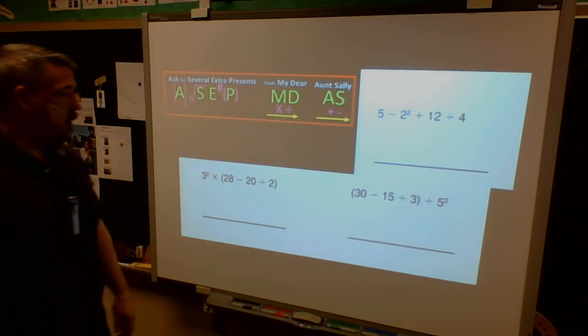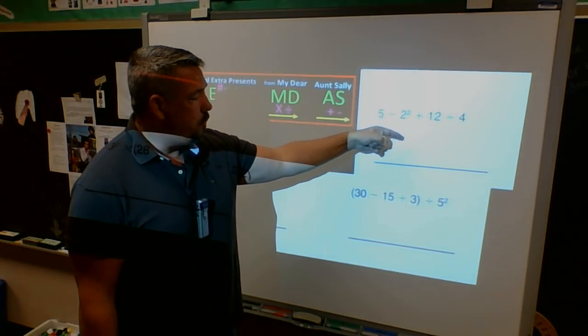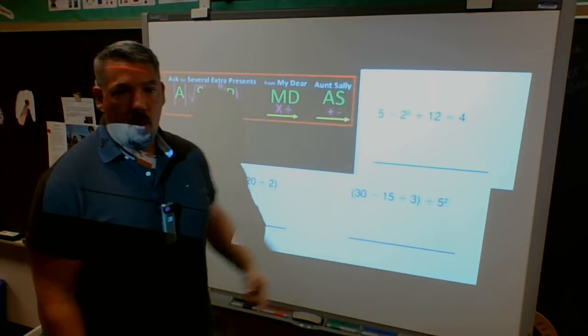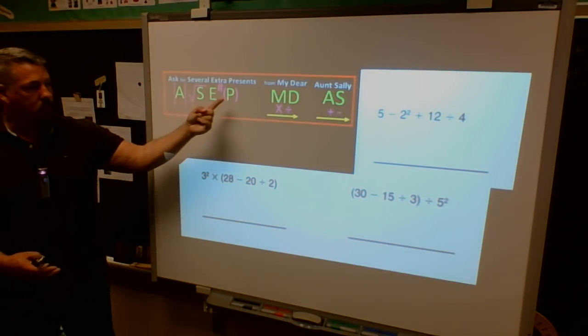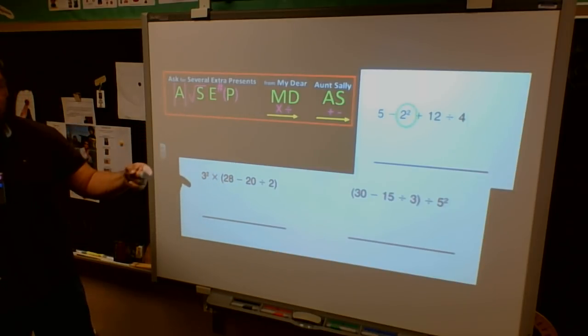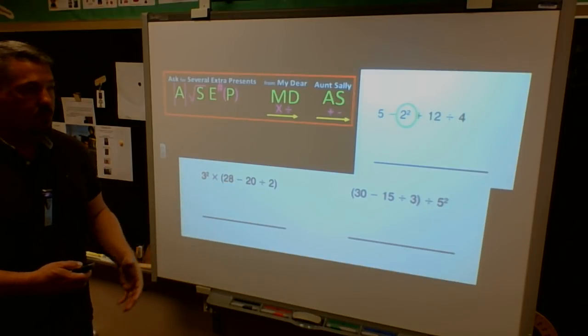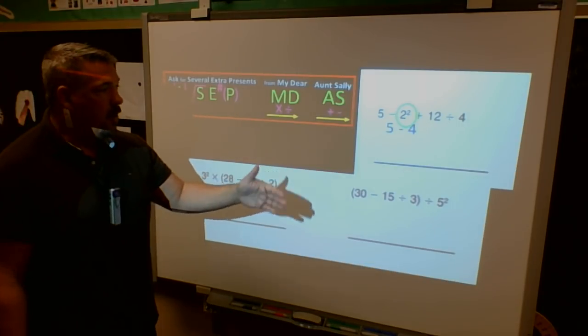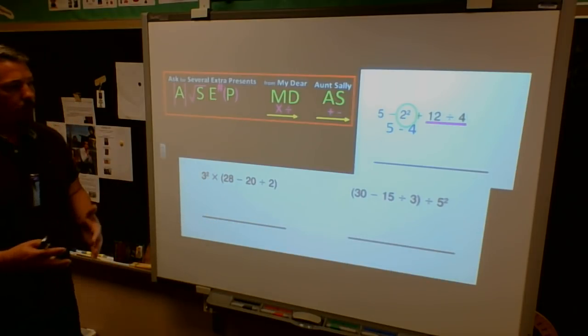All right, so I got 3 more practice problems we're going to do. So I have 5 minus 2 squared plus 12 divided by 4. So where do I have to start? Well, I don't have absolute values, square roots, or parentheses, so I just have to start with my exponents. So my first line is going to show everything other than I want to solve for my exponent of 2 squared. So I'm going to have 5 minus 4, and then I'm going to bring everything else down. Now, what is there to bring down?